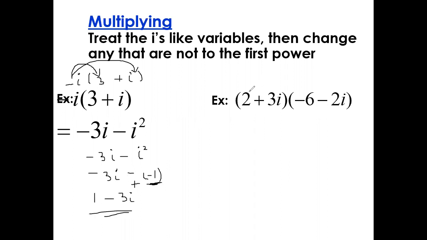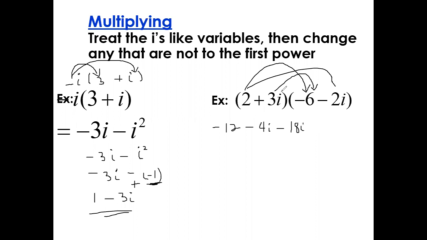In the same light, when we are multiplying, it will go this way: 2 times -6, which will be -12. Then 2 times -2i, which will be minus 4i. Then we have 3 times 6i, which will be -18i.